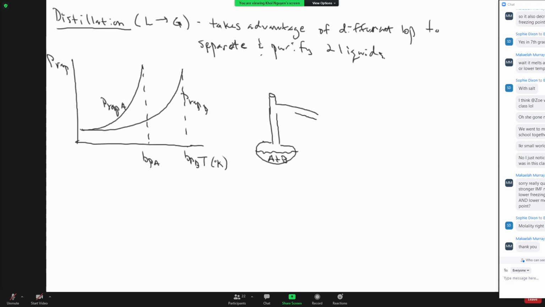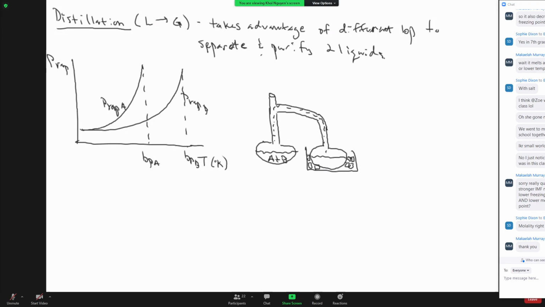Then we can condense it, and it'll be sitting in some type of ice bath. These are supposed to be ice cubes. And you get all those individual molecules to recondense.